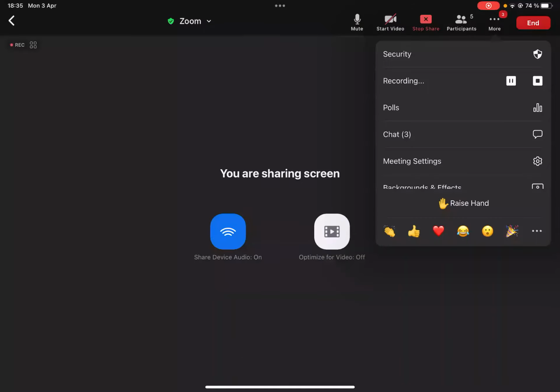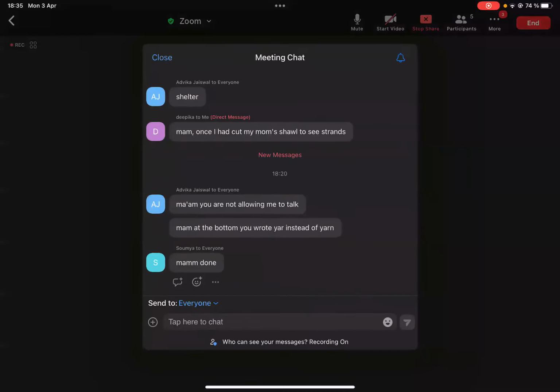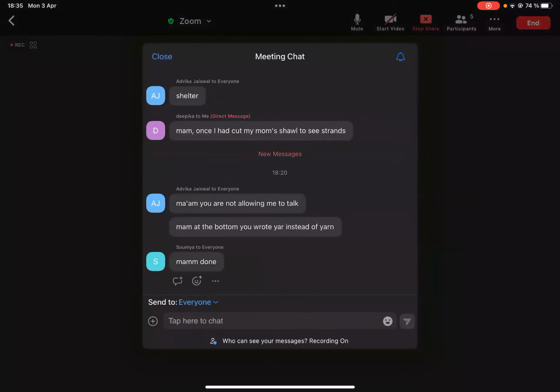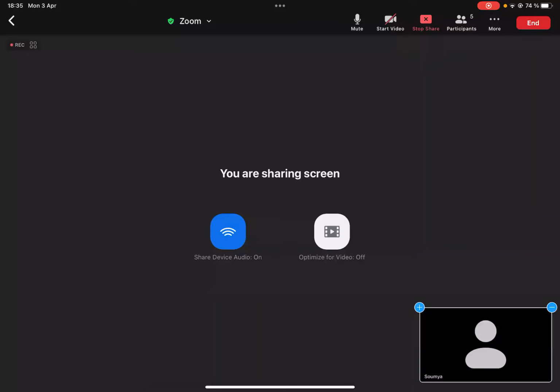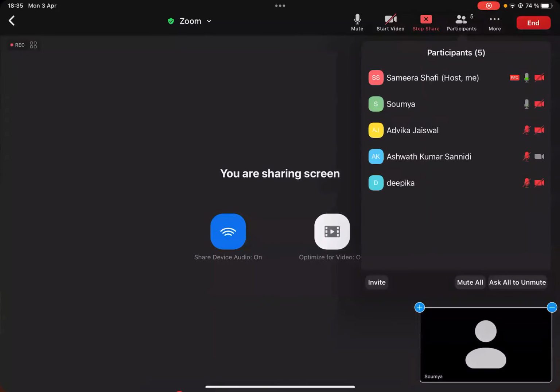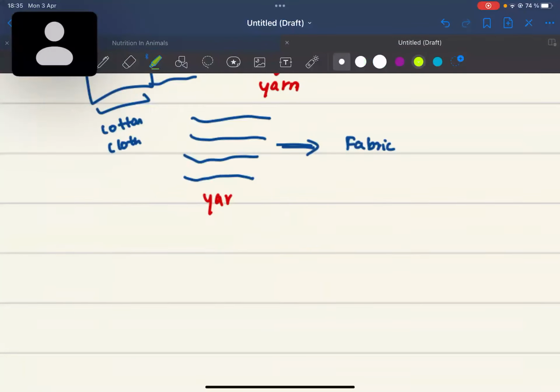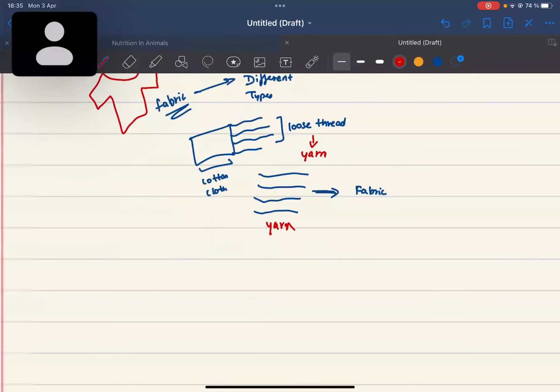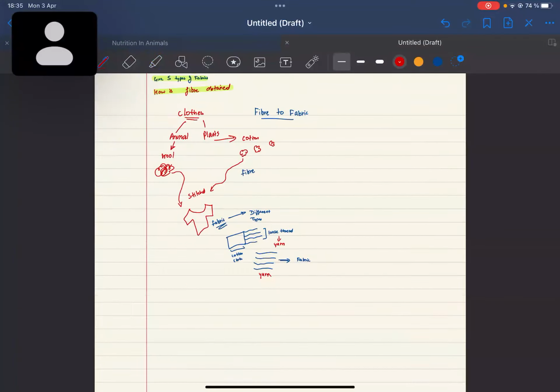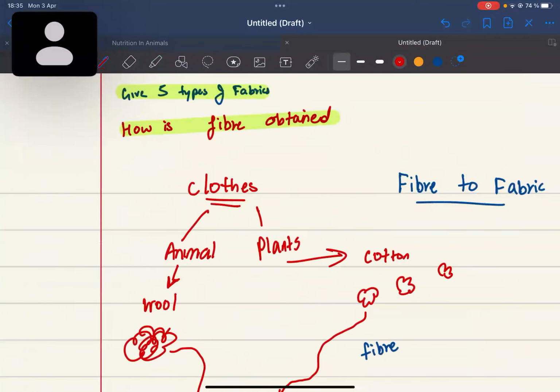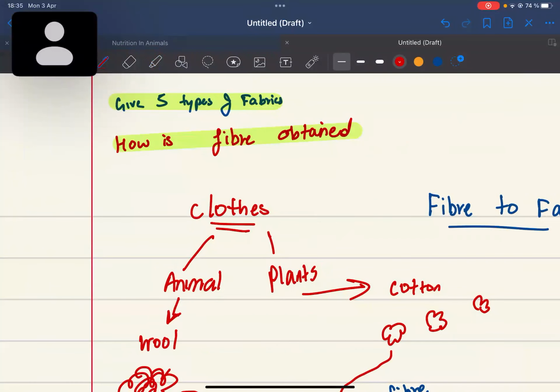Class, it took a while. Did you guys find the answers? Yes, ma'am. Okay, what did you guys find? What did you guys find first? Deepika, can you tell me? Is Deepika there in class?